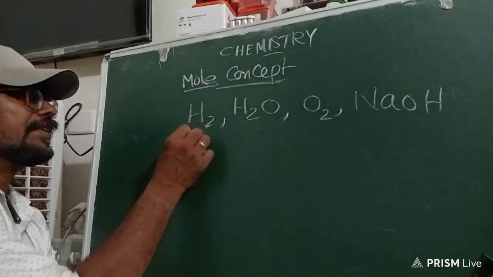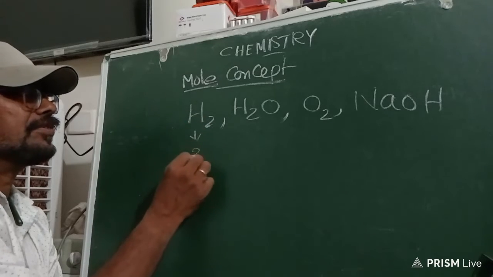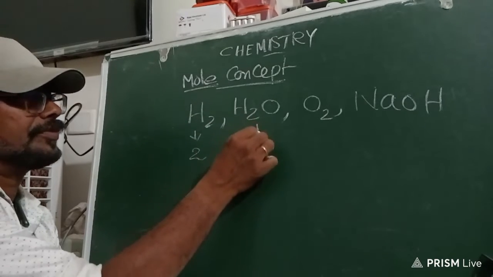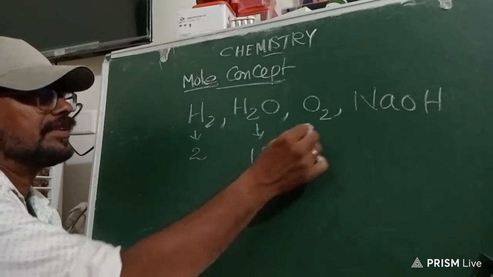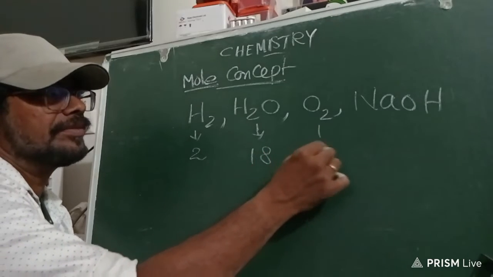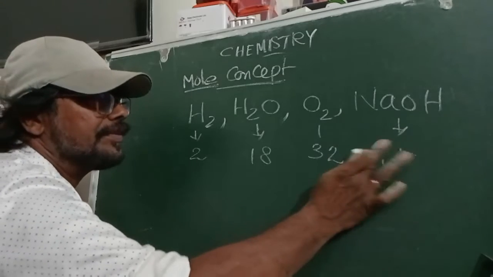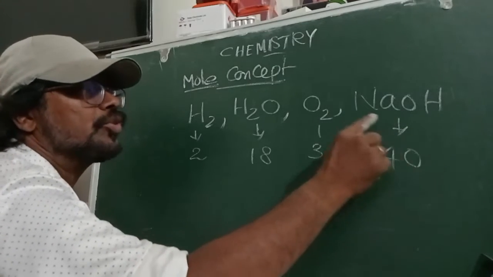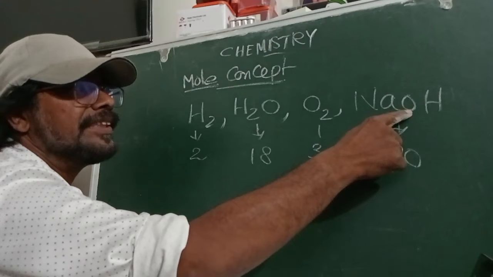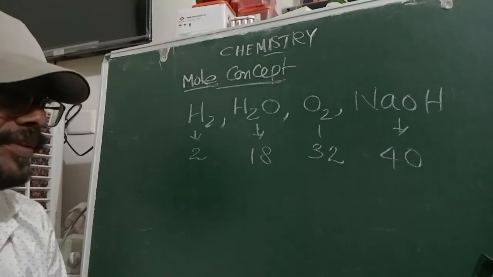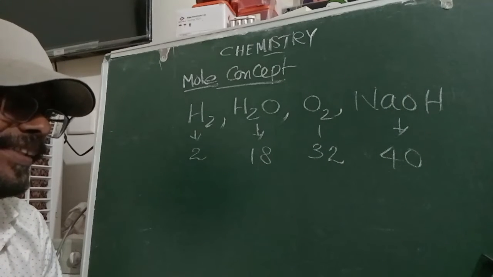Now, the molecular weight of hydrogen is 2, 1 2s are 2. Water is 18. Oxygen is 32. And sodium hydroxide is 40. Sodium 23, 16, 1: 23 plus 17, 40.